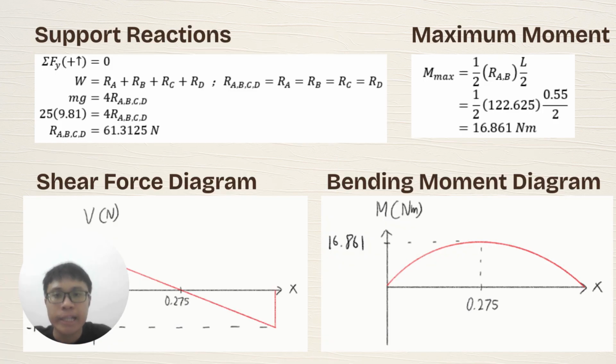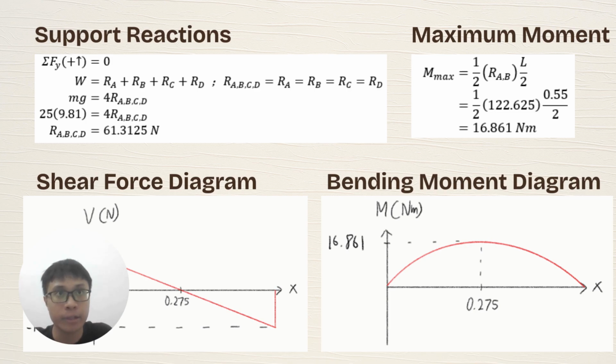Next, this is how we get the support reaction, by using W equal to 4R, and then we got 61.3125 N for each support reaction force. In the shear force diagram, we multiply the reaction force by 2 because we consider a 2D plane.